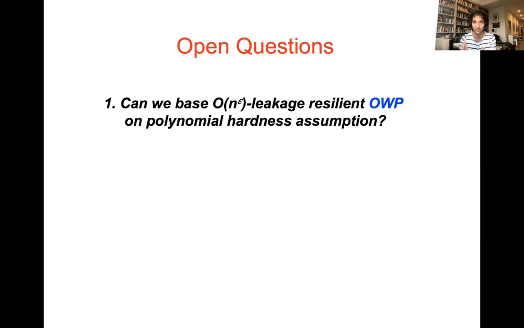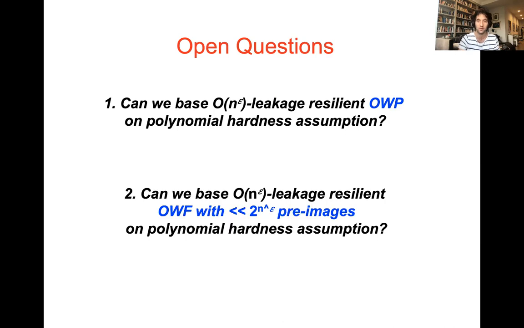Now, in a one-way permutation, the output fully determines x. What if we relax a little bit more? What if I allow you to construct a one-way function? It doesn't have to be a permutation, but what if I restrict you to constructing a one-way function where the number of pre-images is smaller than 2 to the n to the epsilon, and you still need to get n to the epsilon leakage resilience.